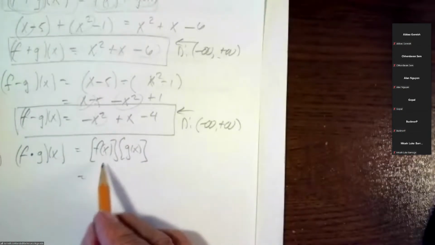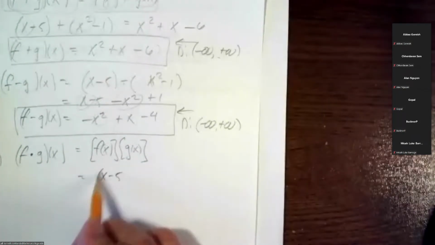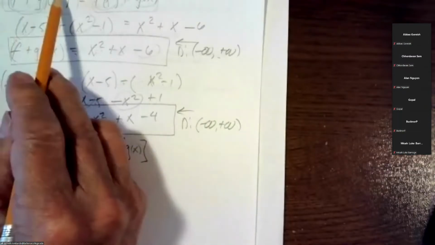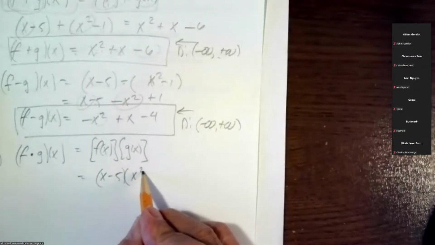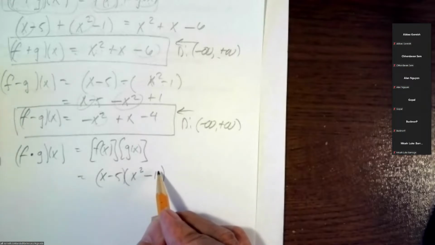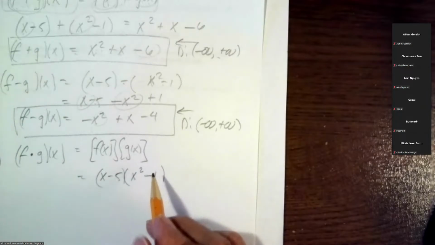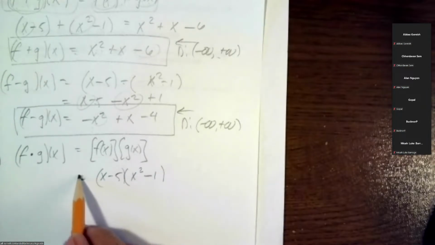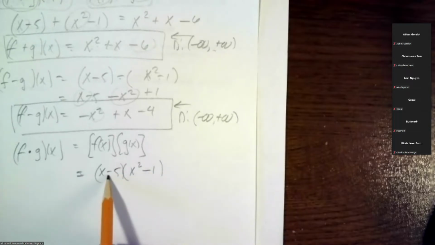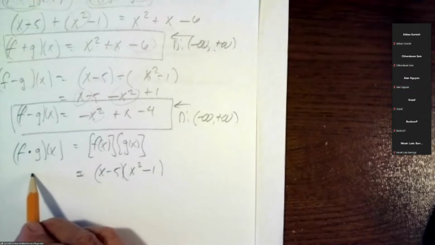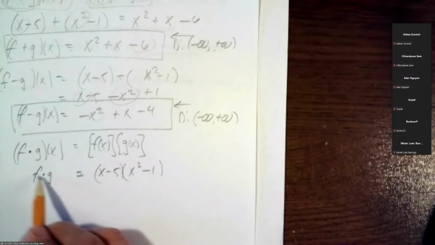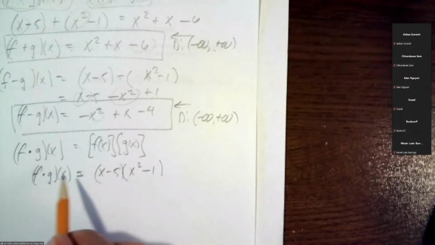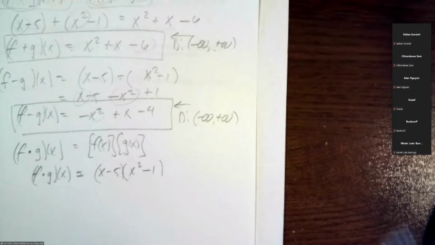And f of x, x minus 5, and g of x was x squared minus 1. All right, so let's go ahead and expand that. Tell me what you get. That's f times g evaluated at x. So go ahead and do that for me, and then open your mic and step me through what you did.